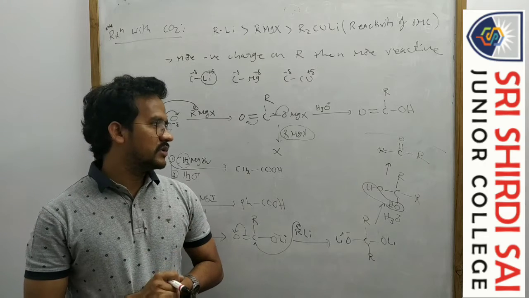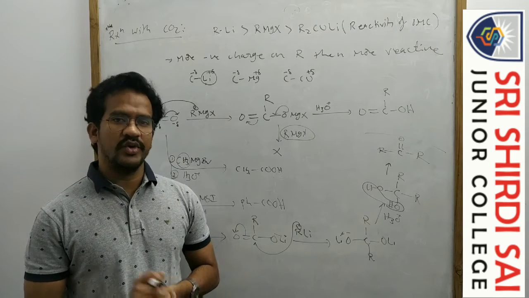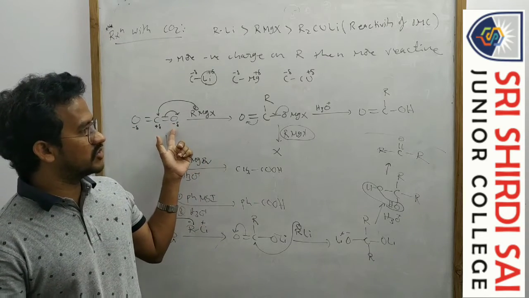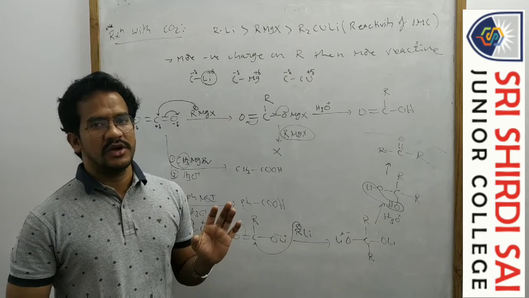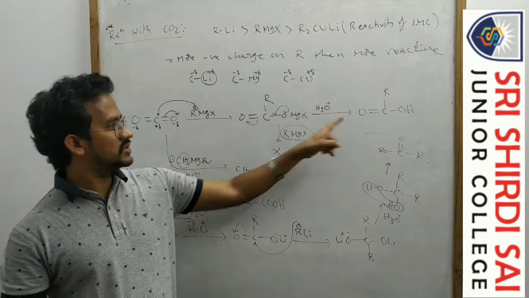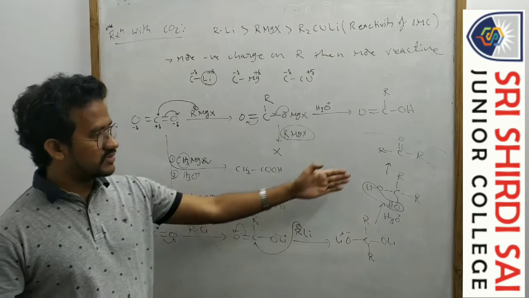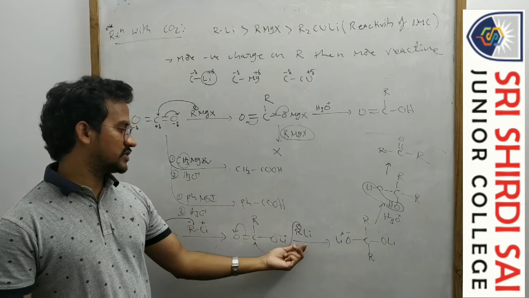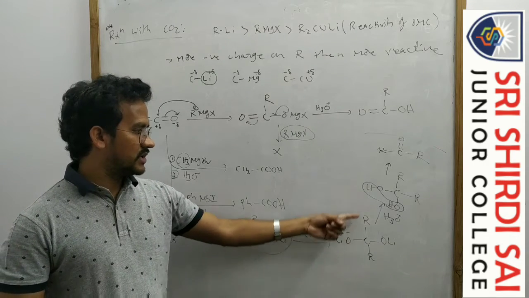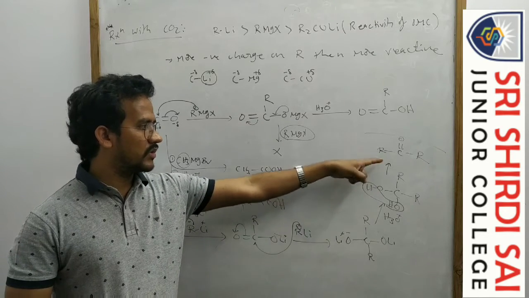So a very important point: alkyl lithium reacts with CO2 to produce a ketone; Grignard reagent reacts with CO2 to produce a carboxylic acid. Because alkyl lithium is more reactive, the intermediate is further attacked by alkyl lithium. Hydrolysis gives the gem diol, and loss of water gives the ketone.